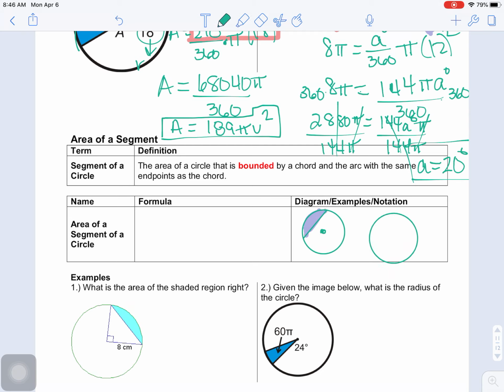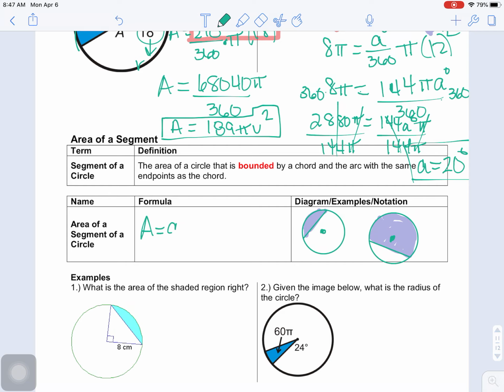Otherwise, we could have another circle here with its center, and it could look like this. Lots of examples that we're going to be analyzing and trying to figure out. So here is the basic formula that we're going to be looking at. Again, we're going to be using our area of sector that we just used.